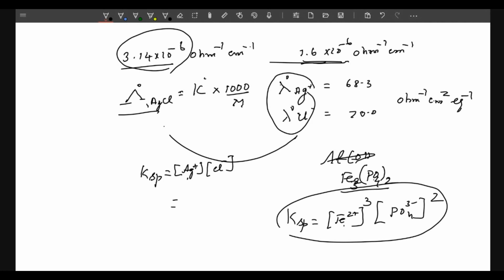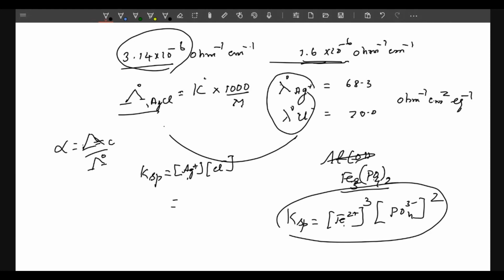And the third application, the degree of ionization calculation: alpha is equal to lambda by lambda naught, that is lambda at one concentration and lambda at infinity. Making use of this, what are the possible problems that can be asked? Tomorrow we will see that. That is one type of problem.